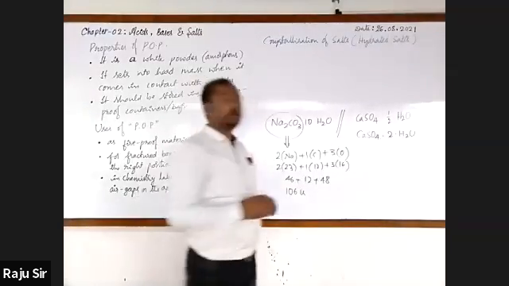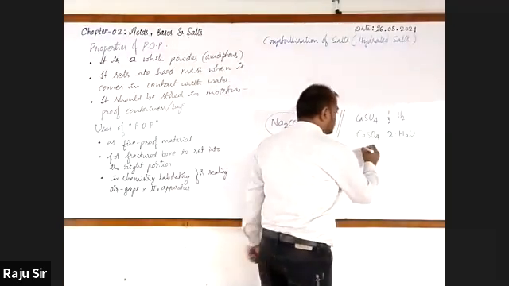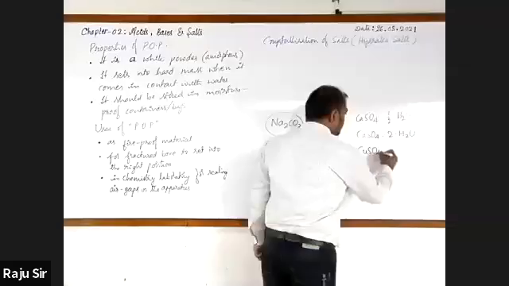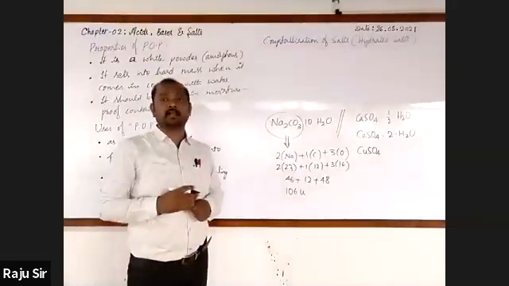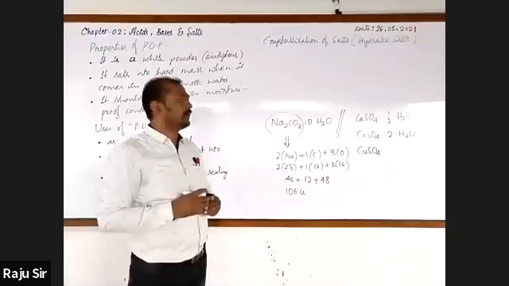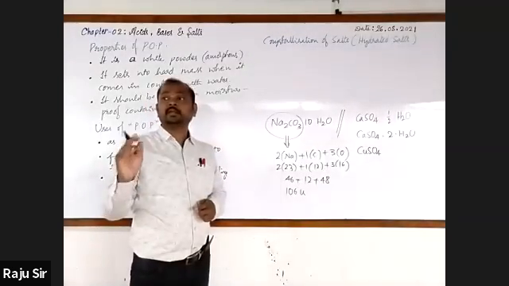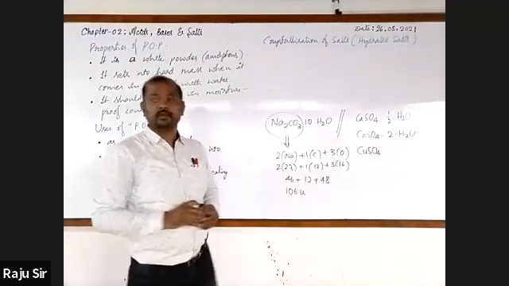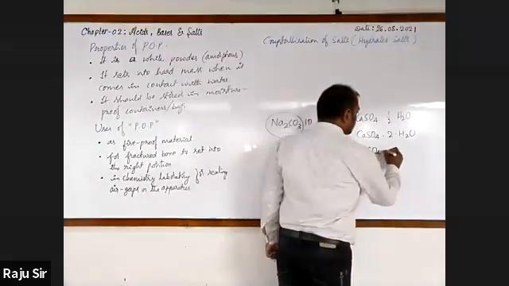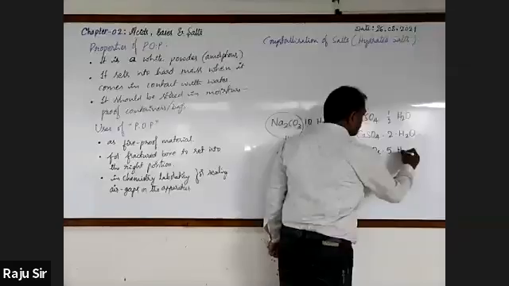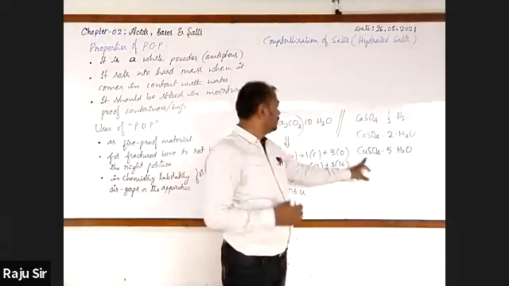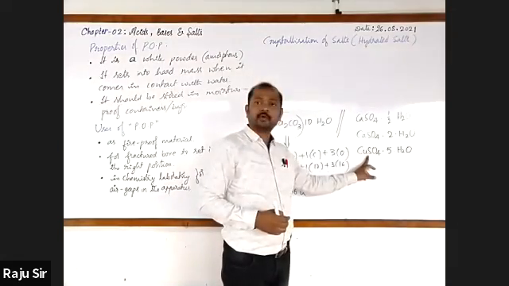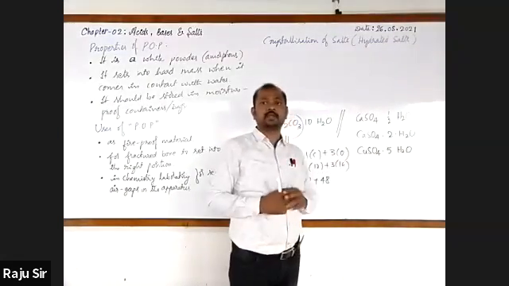Got it? Next, similarly, we are also very familiar with copper sulfate, CuSO4. It is also a hydrated salt. They may ask you to write the chemical formulas. Hydrated copper sulfate, how do you write it? It is CuSO4.5H2O, which means every 1 molecule of copper sulfate contains 5 molecules of water.